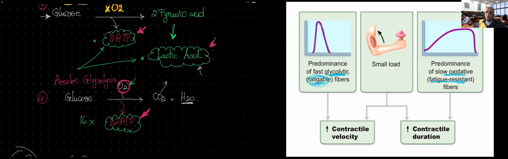Another major factor that affects the speed and the duration of the muscle contraction is the weight of the load, which makes perfect sense.